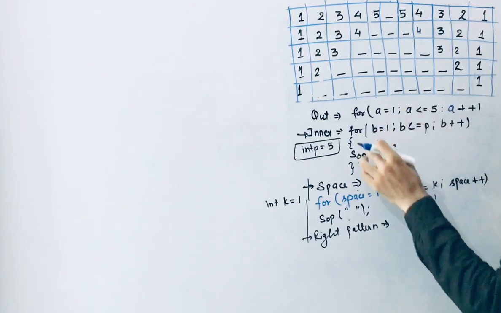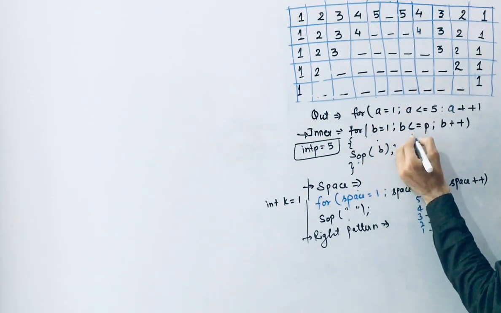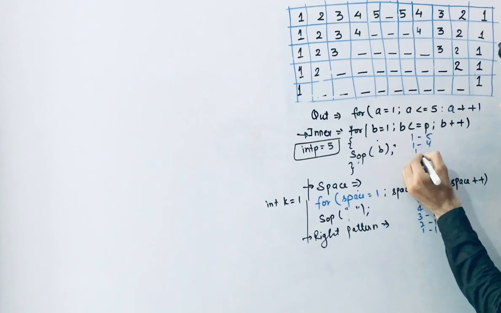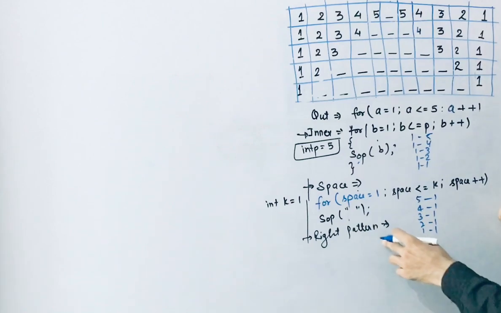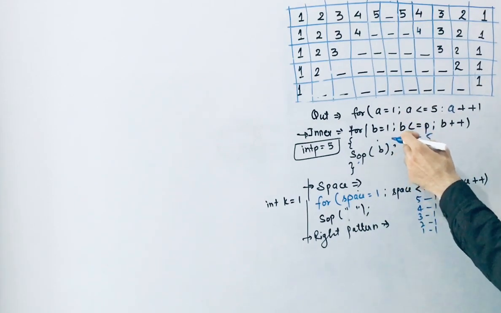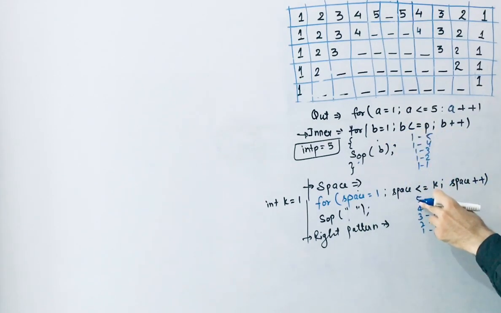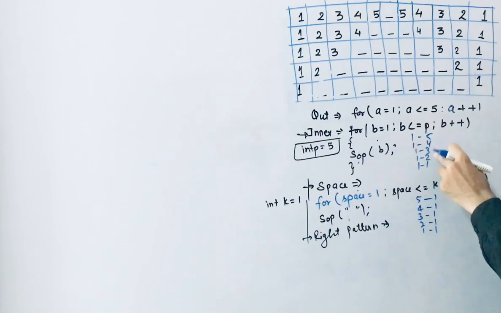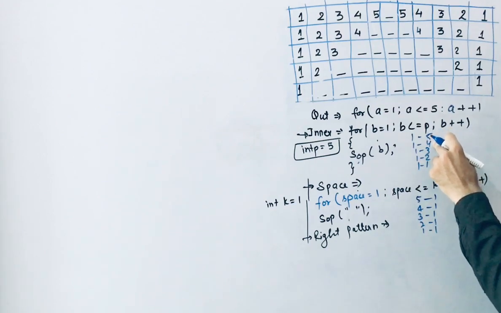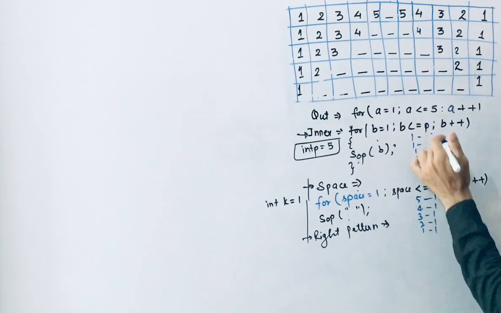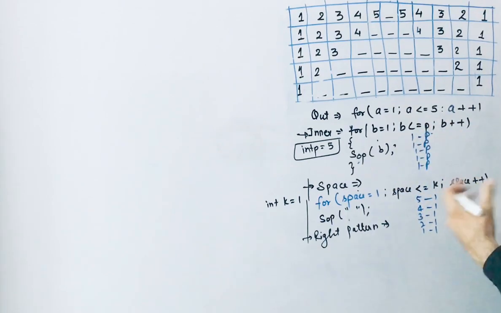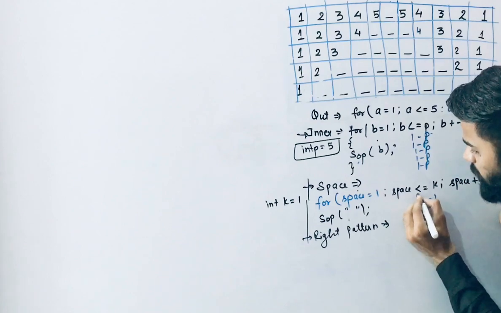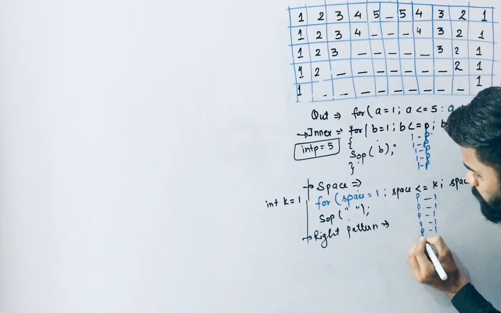When we start printing this pattern, then we see it prints from 1 to 5, 1 to 4, 1 to 3, 1 to 2 and 1 to 1. So now what we see in the right pattern, when the left pattern ends with 5, then it starts with 5. When it ends with 4, then it starts with 4. When it ends with 3, then it starts with 3. So in place of 5, 4, 3, 2, 1, we can write here P, P, P, P, P, because the condition is P. So in the same way, it always starts from P.